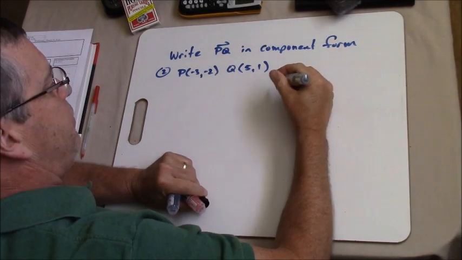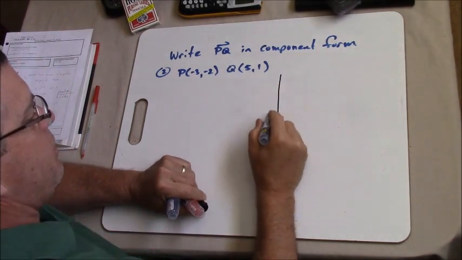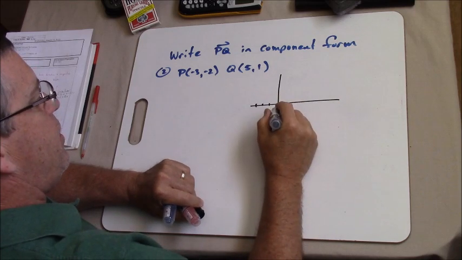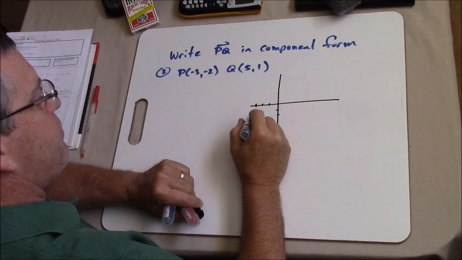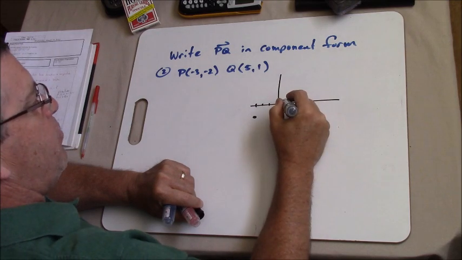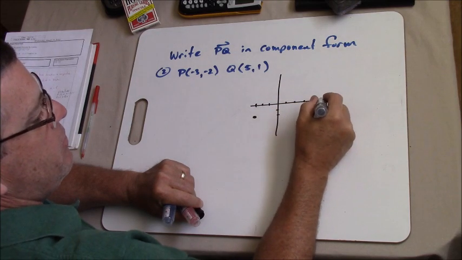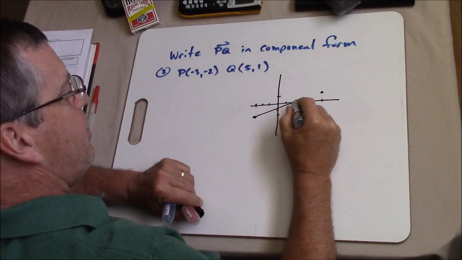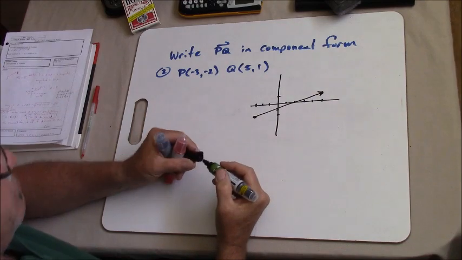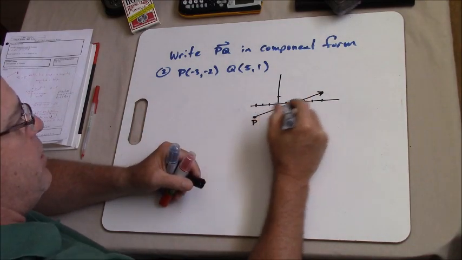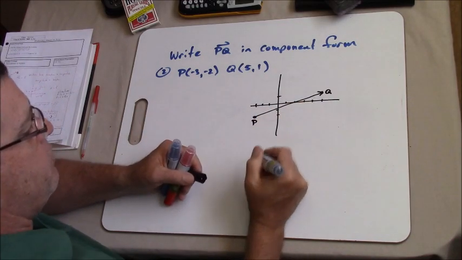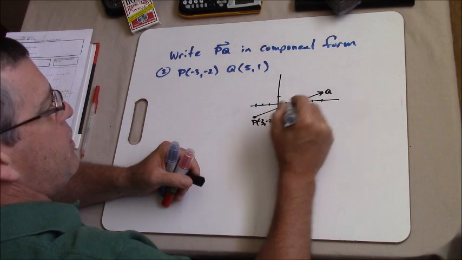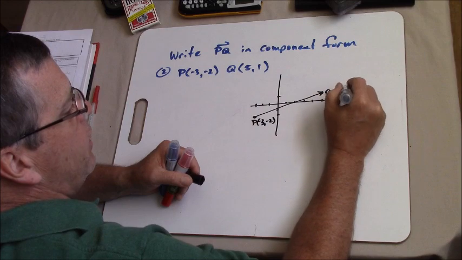Okay, so if I draw a picture first, let's see, negative 3 comma negative 2 is right here. 5 comma 1 is right here. And there's the vector we have. This is point P, this is point Q. Negative 3 comma negative 2 and 5 comma 1.